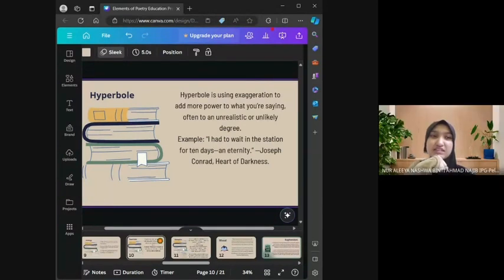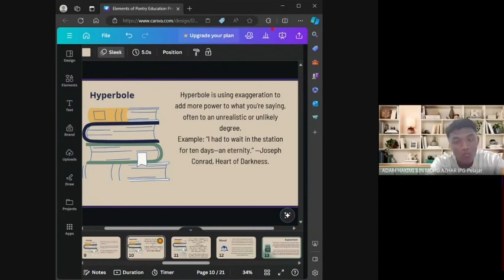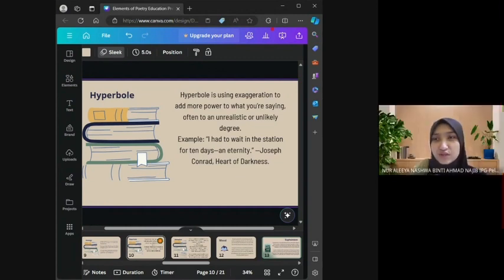I think besides that, I want to add something. The opposite of hyperbole is understatement. We don't have it here, but in hyperbole we exaggerate things, like, oh, I felt an eternity.